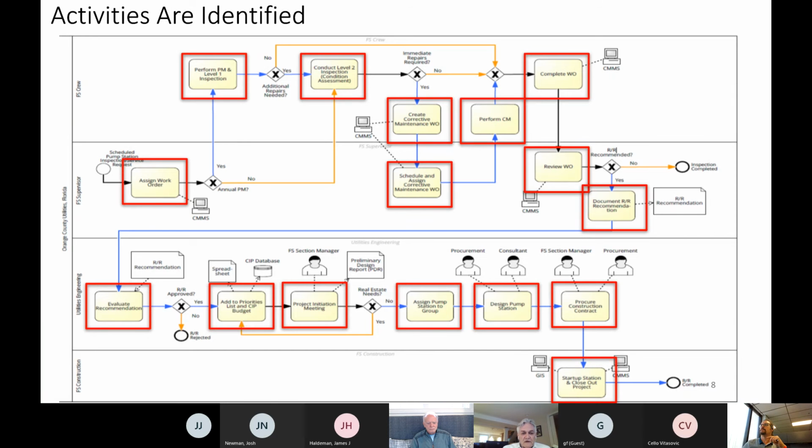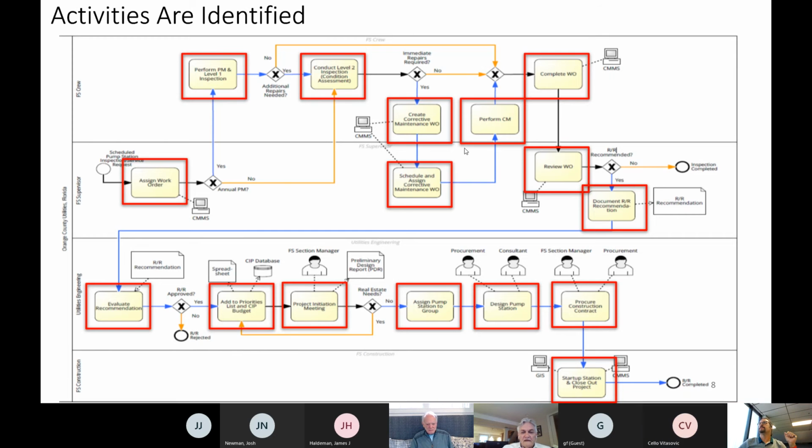The things that you see with red rectangles around them are all tasks or activities. In BPMN, that's where all of the costs and all of the time resides. So this is a work order processing kind of BPMN model, and just pick the top left one, perform PM and level 1 inspection. That is the responsibility of the, what is that, PS crew, FS crew? Pump station crew. Yeah, pump station crew.